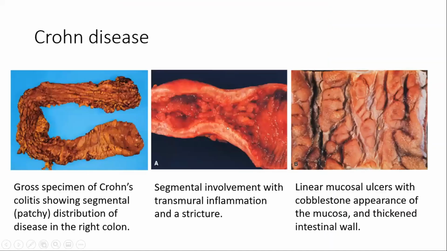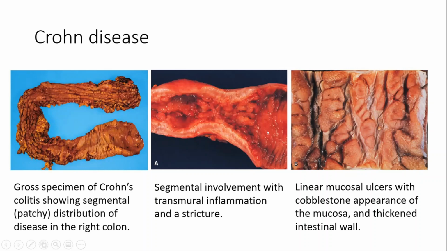and more. So just to show you the macroscopic findings of Crohn's disease. This is a colectomy specimen in a patient with Crohn's. We can see there's patchy distribution or skip lesions in areas like this. It is a diseased segment, and then a normal segment, like here. Usually in Crohn's, because it is transmural, it can cause stricture of the bowel wall.